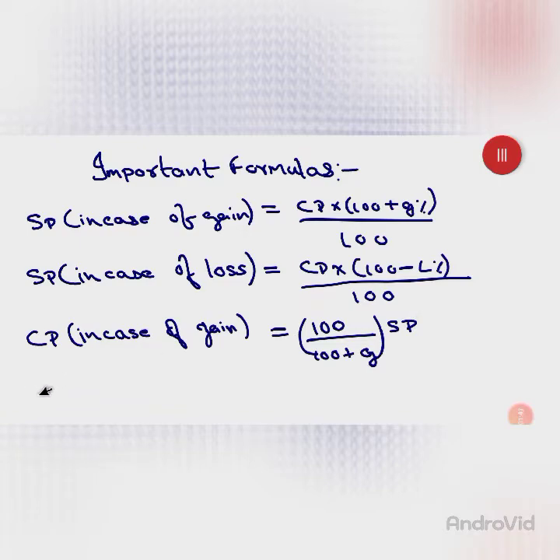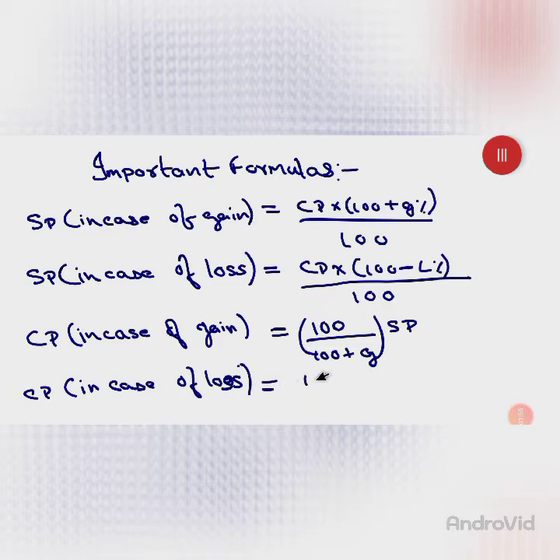Again cost price in case of loss is 100 by 100 minus loss into selling price.